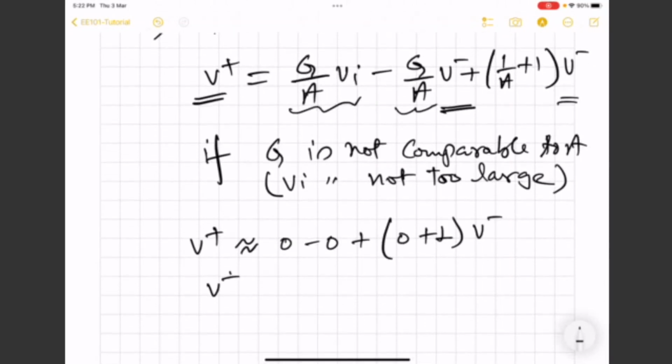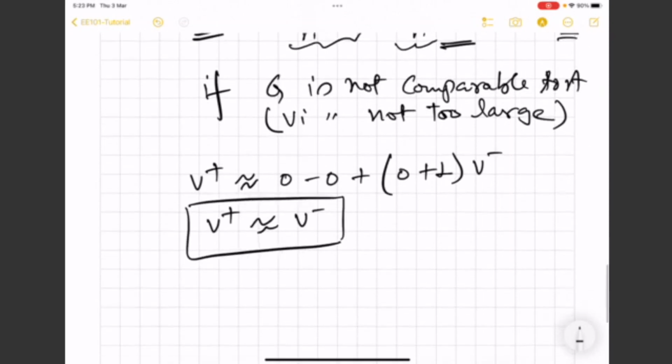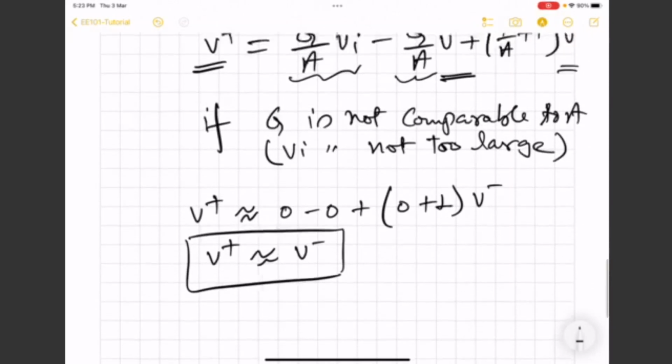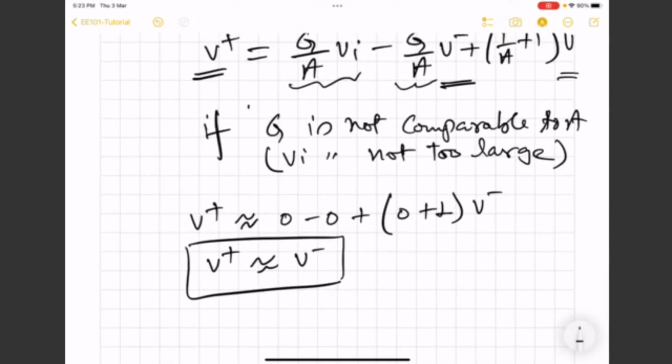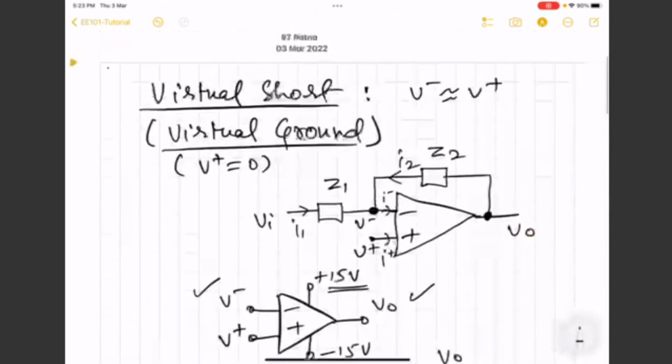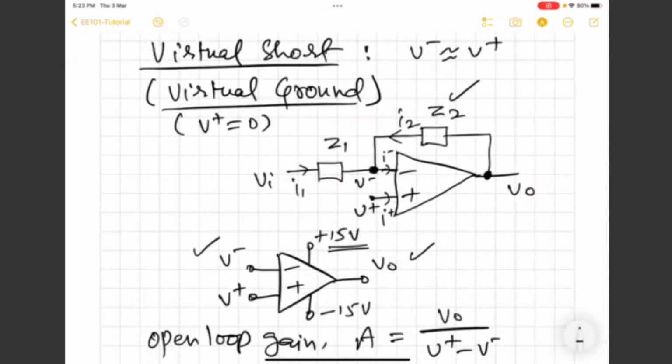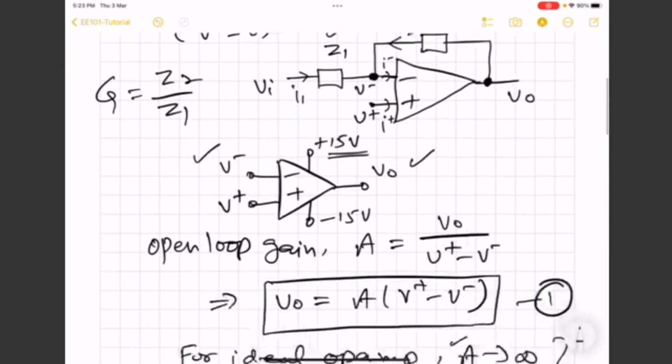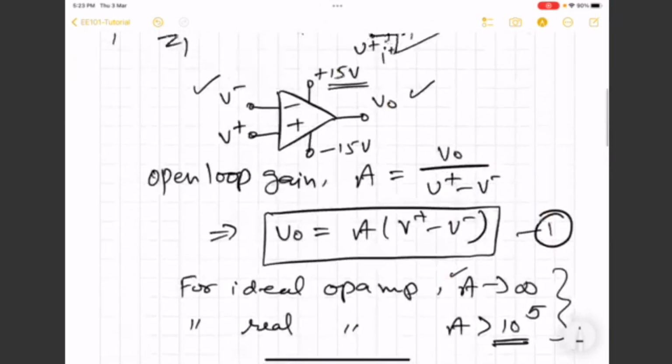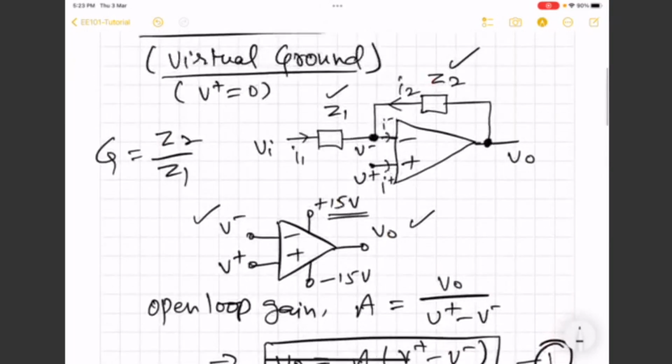So this gives rise to the V plus node voltage and V minus node voltage being approximately equal. So the key requirement is this: the ratio of the impedances in the loop and in the input side should not be too large. So G is Z2 by Z1. And of course, a loop should be there. So this is one thing.